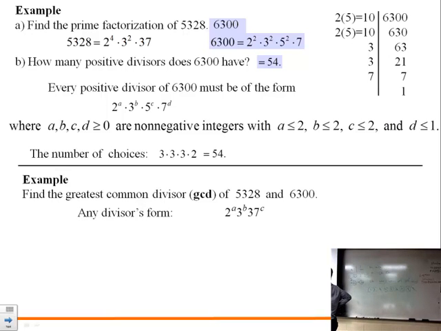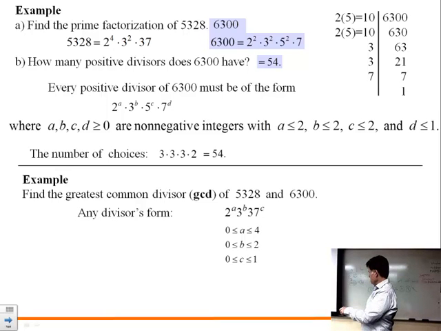So any divisor of 5328 is going to be 2 to the A, 3 to the B, 37 to the C, right? That's all the divisors of 5328. So A here has to be between 0 and 4, B 0 to 2, C 0 and 1.